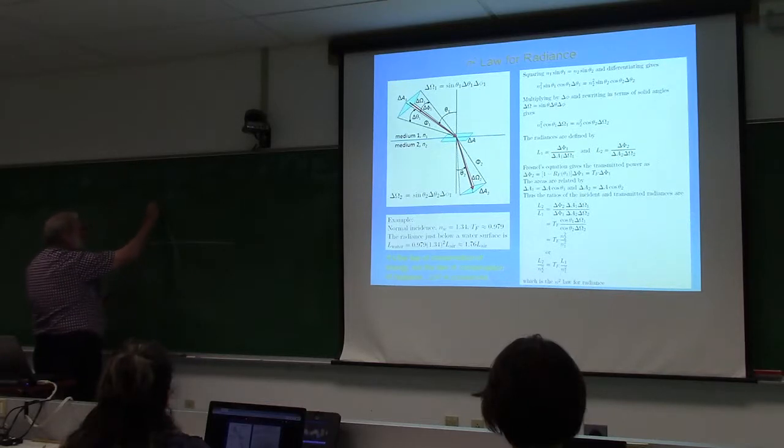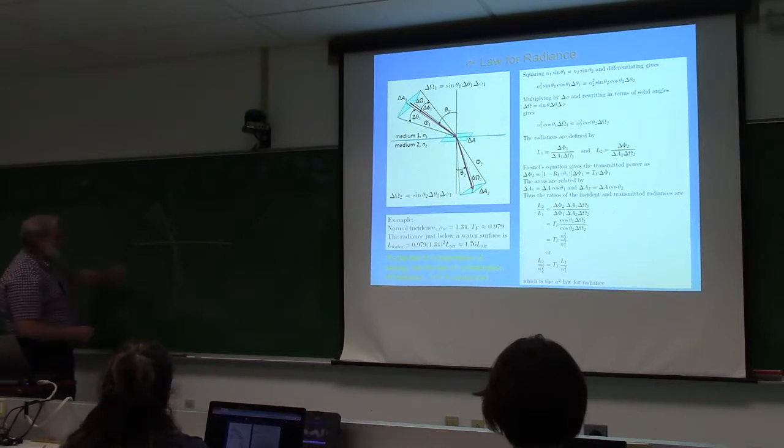Now, if we think of a bit of solid angle up here, defined by a theta and a little d theta, then down here we're going to have some little bit of solid angle that's defined by this theta and a little d theta there.